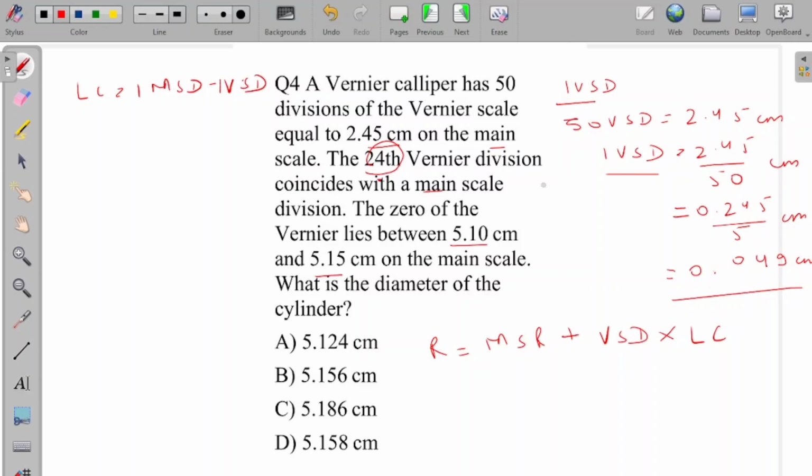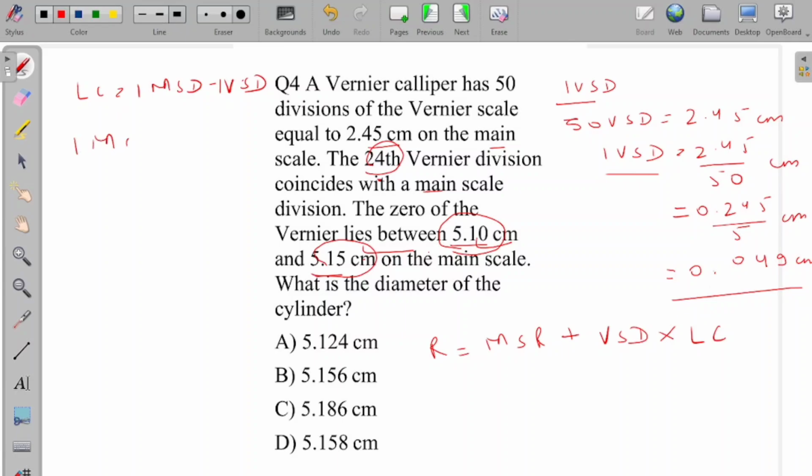Right. We have got the vernier scale division here and we don't know the main scale division. When we take a look here, these two terms, consecutive terms, are giving away the value of one main scale division. When we subtract this from this, we will get the value of 1 MSD.